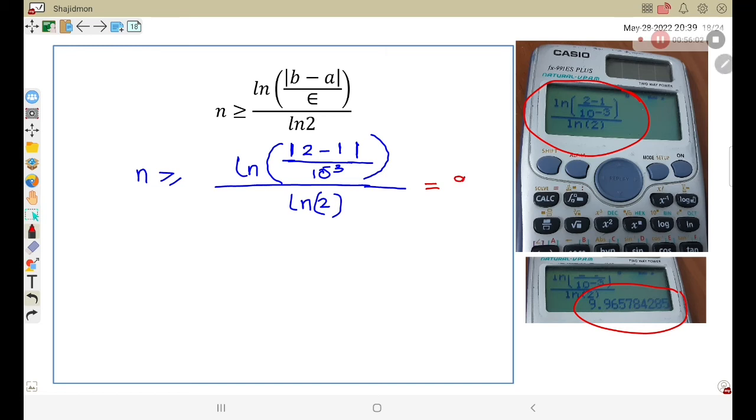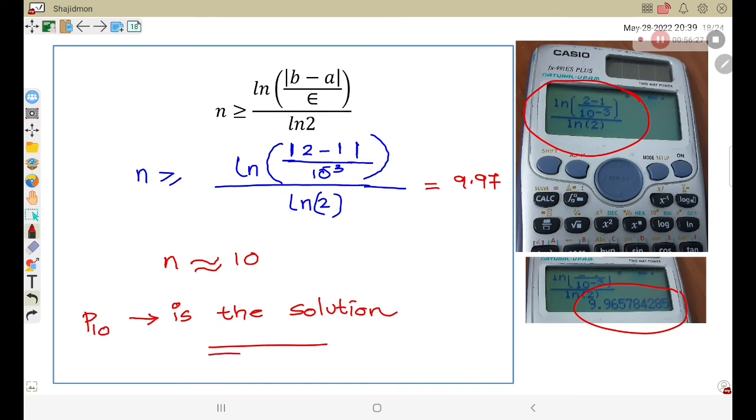Now n is approximately equal to 9.97, which means take the next number, so n is approximately 10. What it means actually is that P10 is the solution. The computer gives the solution within the error 10 to the power minus 3. So this is the idea of the bisection method.